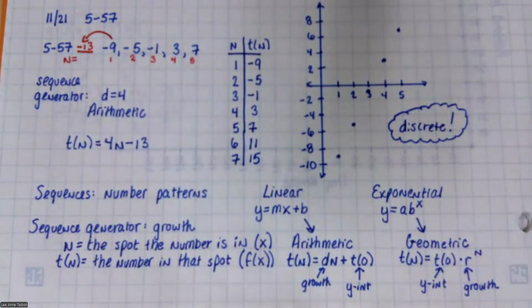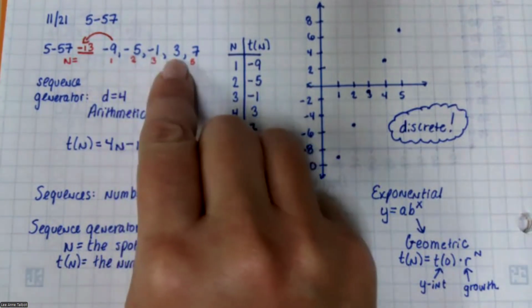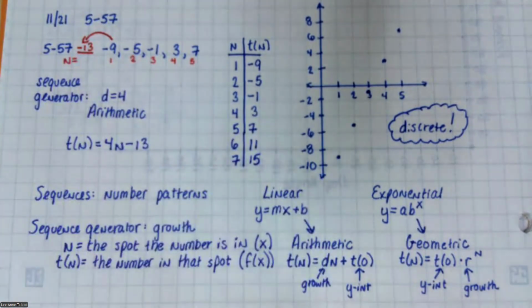I went down 4 from 9. These are all going up 4. So like up 4, up 4, up 4, up 4. So I went down 4 to the start, exactly.